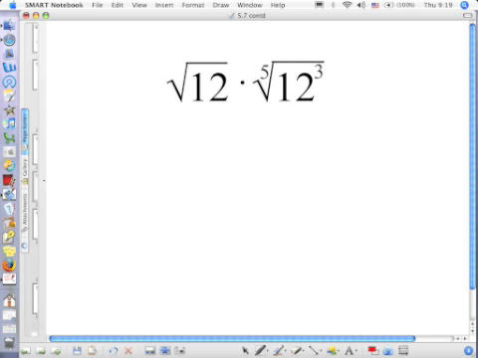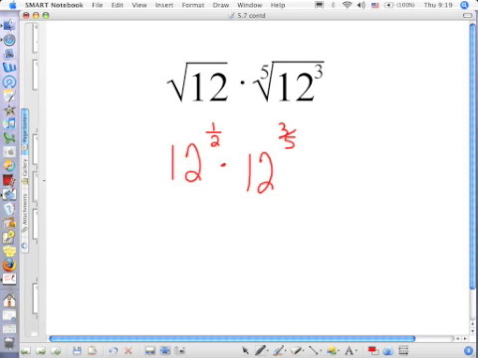Okay? 12 to the 1/2. Caleb, way back in the back. What would the fifth root of 12 cubed become? 12 to the what? 3/5? Is that what you're saying? Okay. Good. 12 to the 3/5.